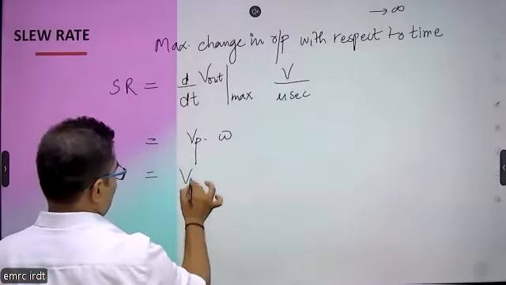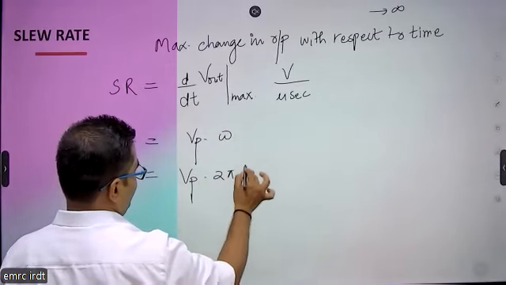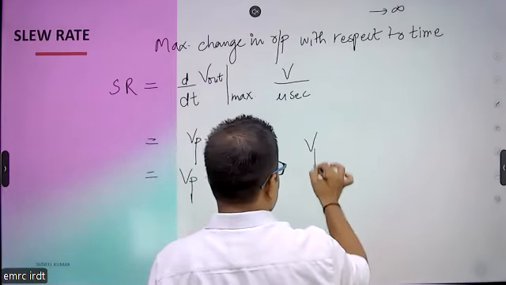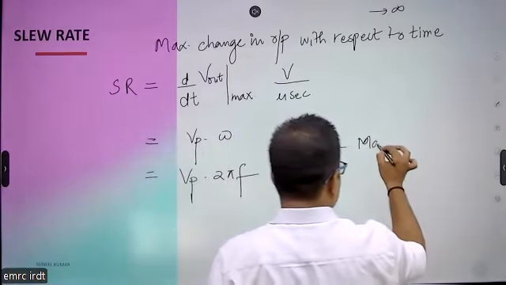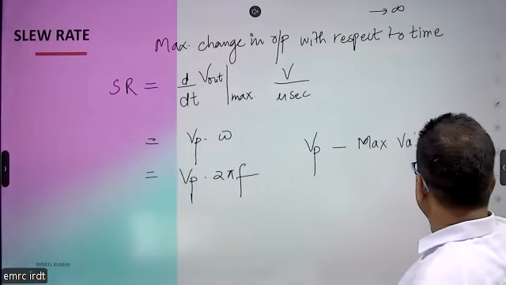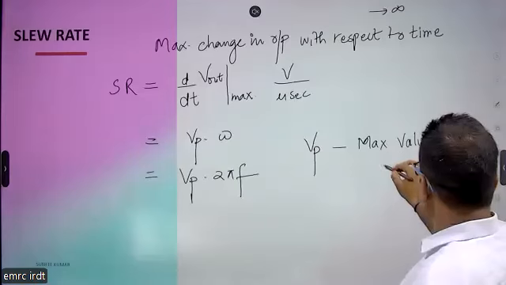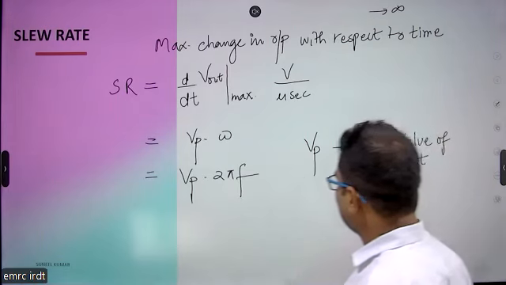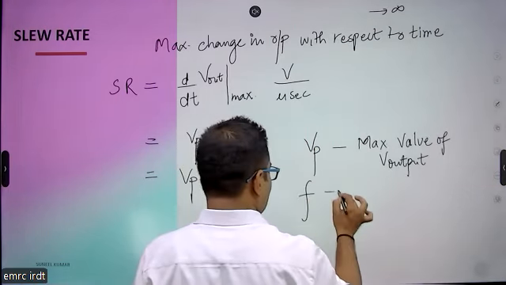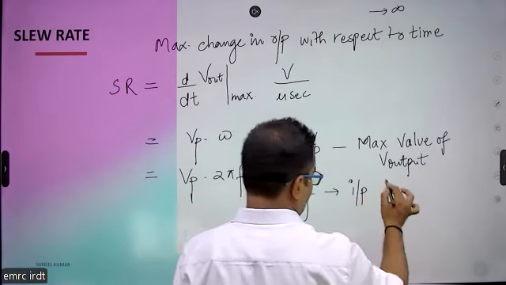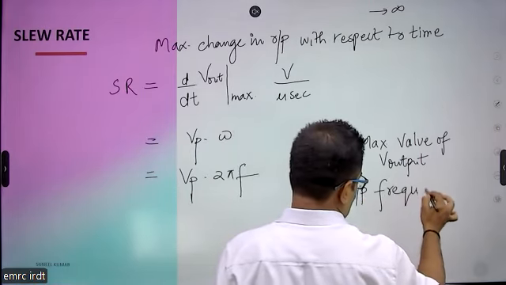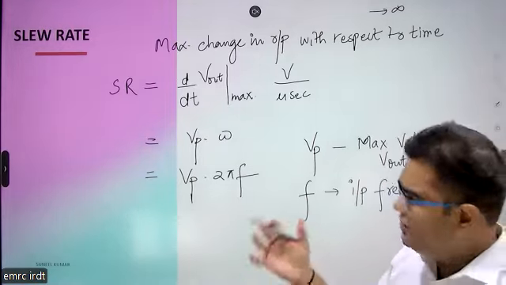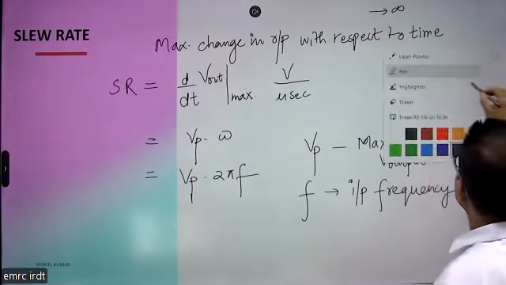So this is Vp into 2 pi f, where Vp is the maximum value of output voltage, and f is the input frequency. So for the ideal case, slew rate has to be infinite, as we have seen earlier. This is the slew rate.